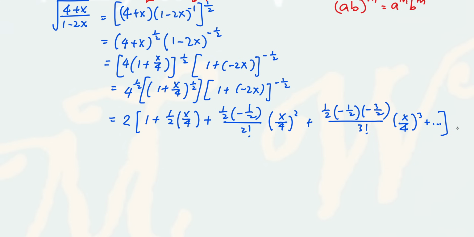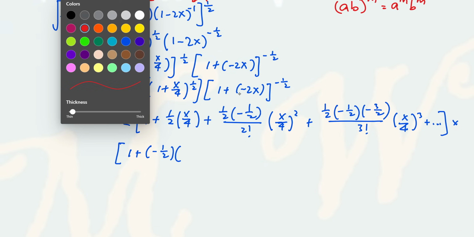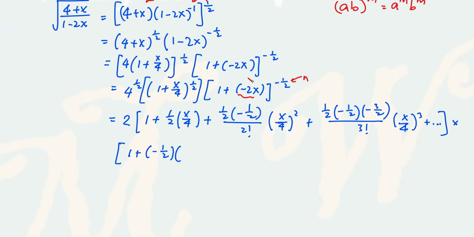Now multiply with 1 plus, where n is negative half and my x now is negative 2x. When you look at here, this is my n, this is my new x.